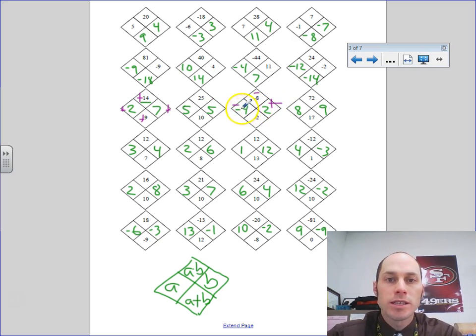And then depending on which one has the larger absolute value, that will determine the sum. So if we have a negative as our product, we might have a positive or negative for the sum. So those are the things that we keep in mind as we work through these. If the product is positive, we know everything's got to be positive. If the product is negative, we'll have a combination of positive and negative, and our sum could be either one.